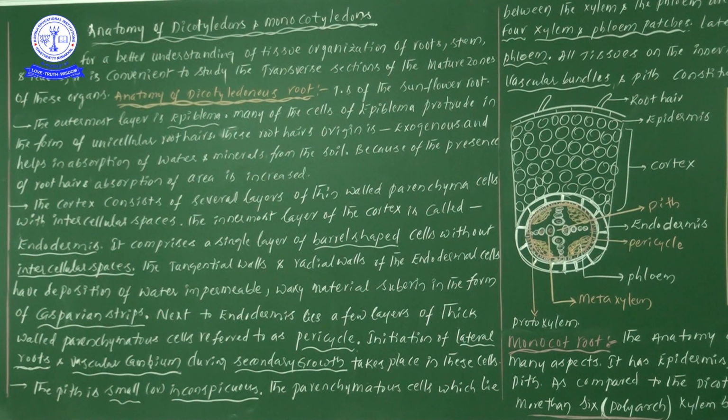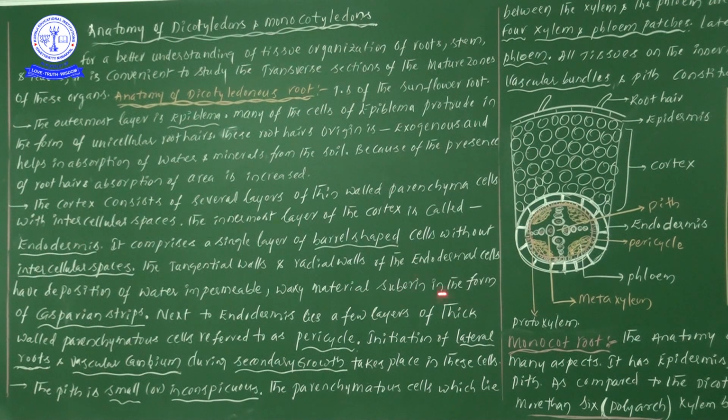So the main point to discuss is that these endodermal cells have deposition on their tangential walls as well as radial walls of a water impermeable waxy material known as suberin.